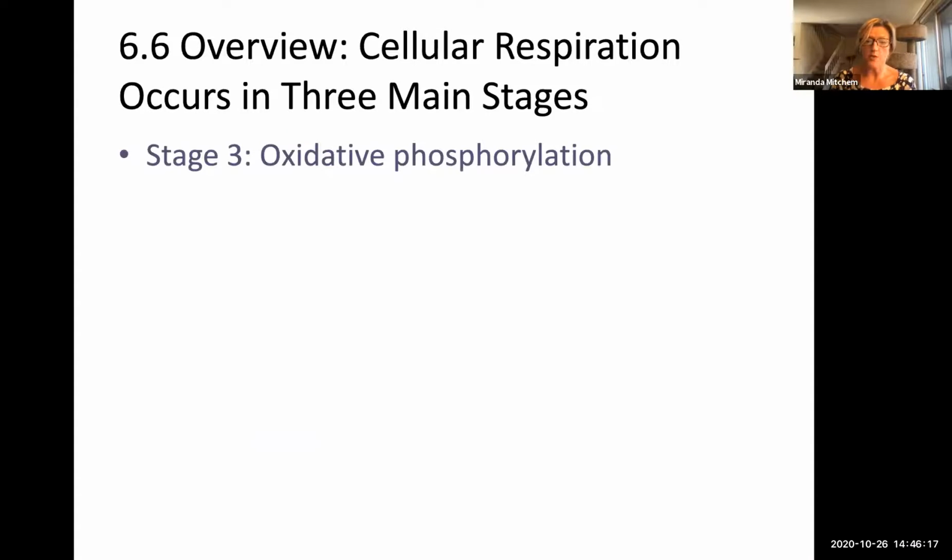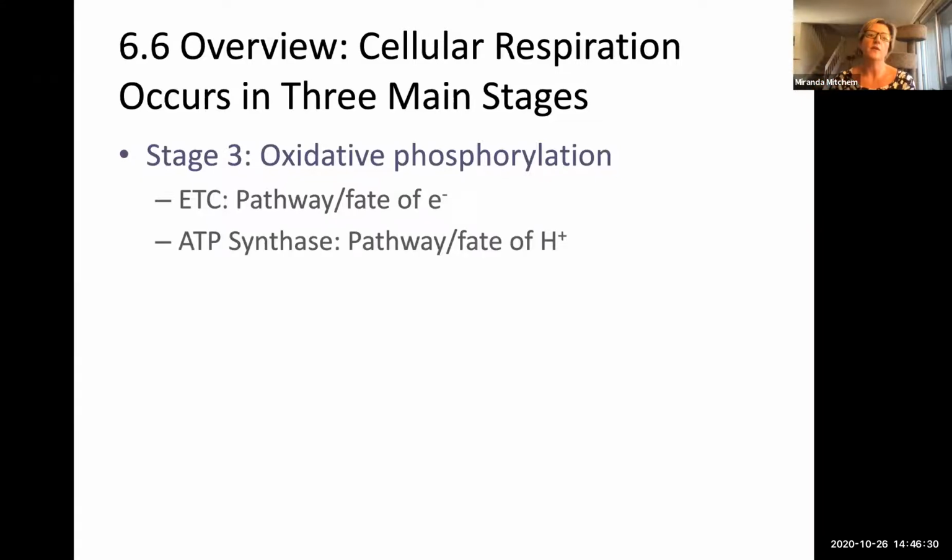Okay, so in that stage 3, again, I'm emphasizing this, I'm being redundant on purpose. We have the role of the electron transport chain for the electrons. But we also have a pathway for the protons. They go through a molecule called ATP synthase.